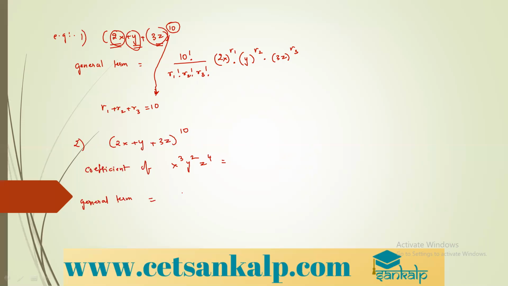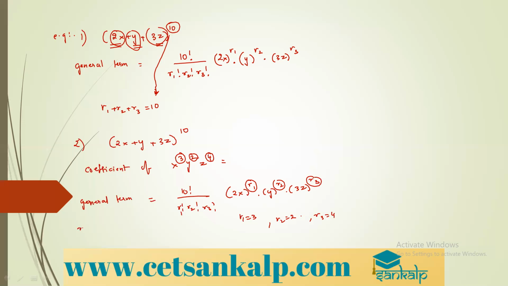What is the general term? 10 factorial by r1 factorial into r2 factorial into r3 factorial, 2x power r1 into y power r2 into 3z power r3. So the power of x is 3, so r1 should be 3. Power of y is 2, so r2 should be 2. Power of z is 4, so r3 should be 4.